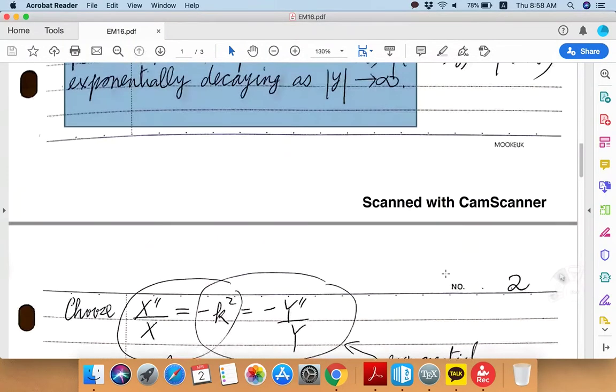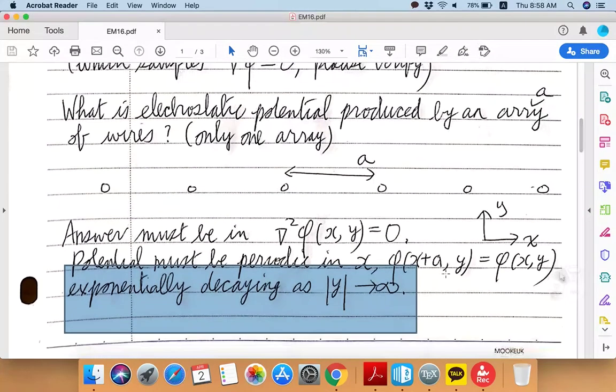Okay, so the general expectation is that we want a solution that is oscillatory in the x direction, but exponential in the y direction.